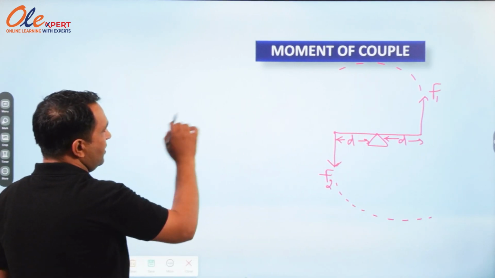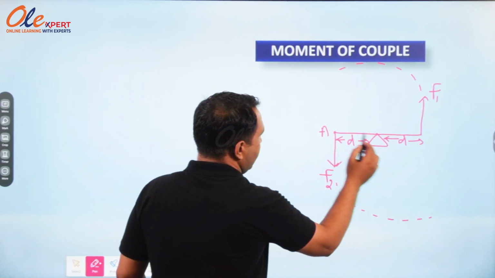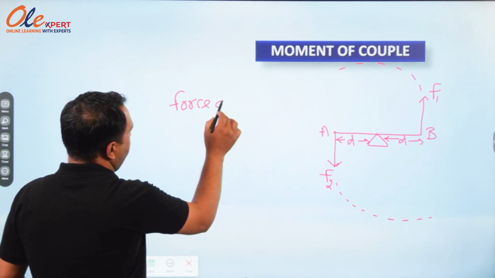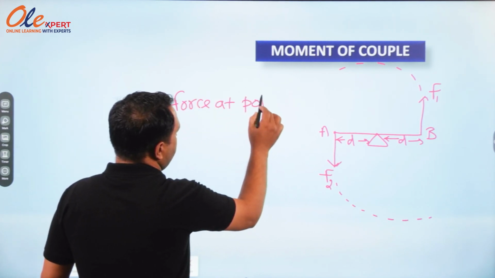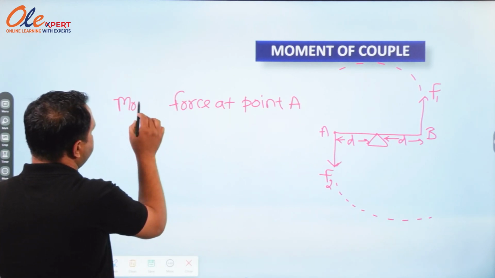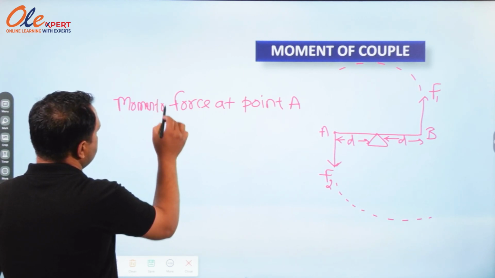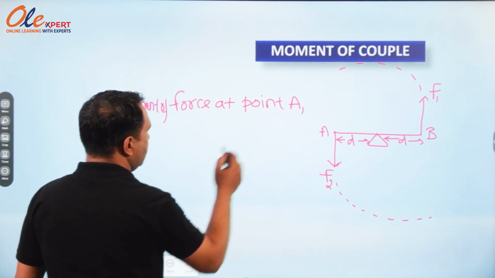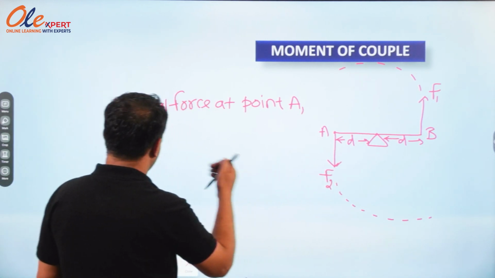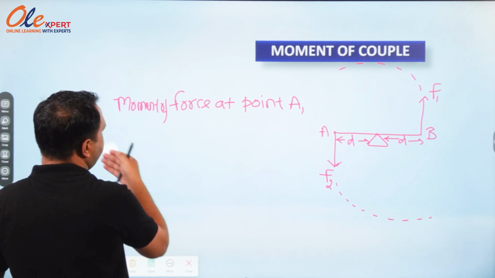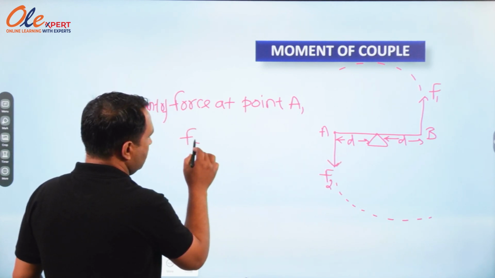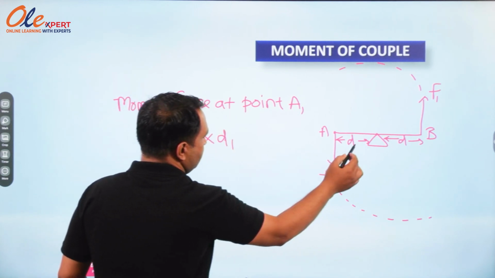So what will be the moment of force? This point is A, this point is B. Moment of force at point A is equal to F2 into D1, right?